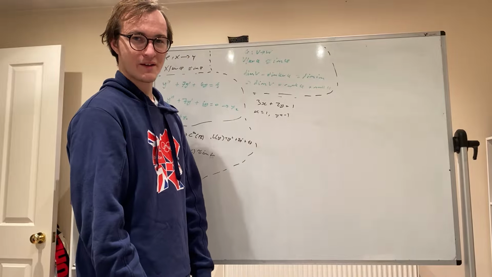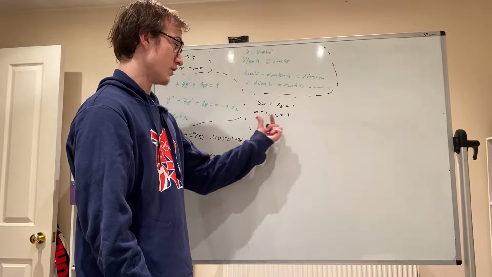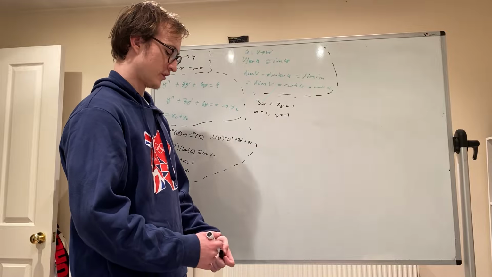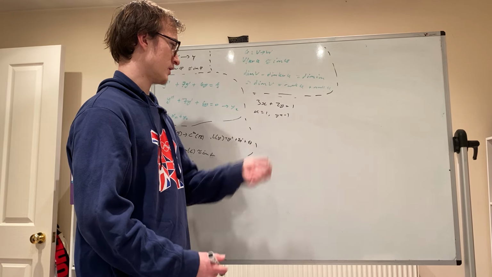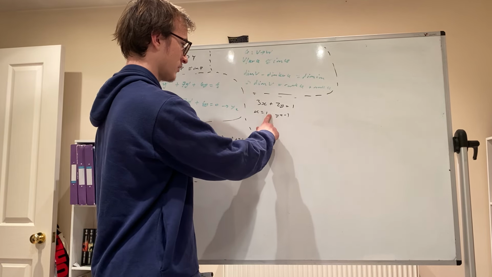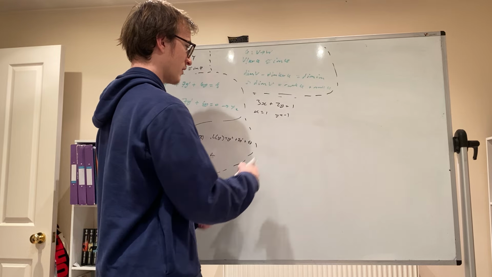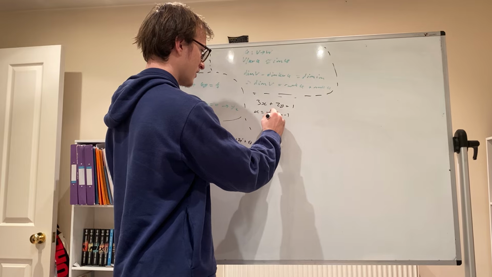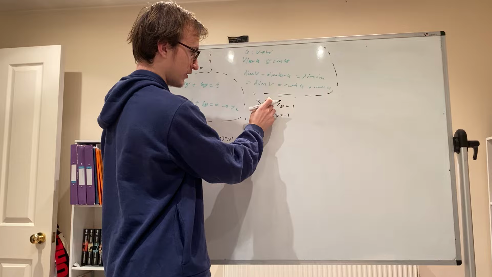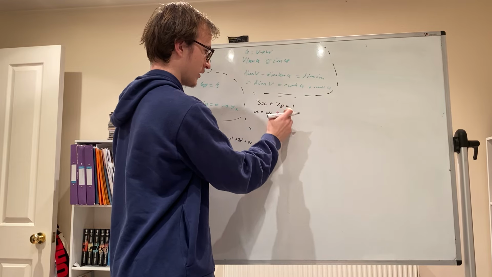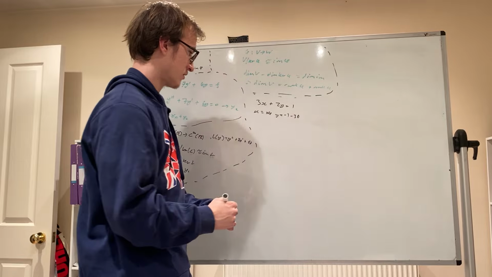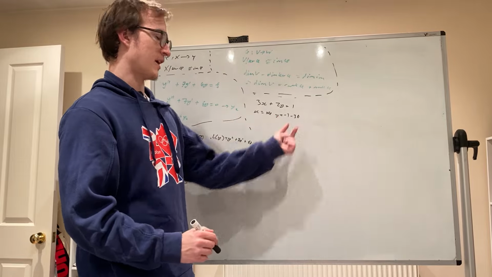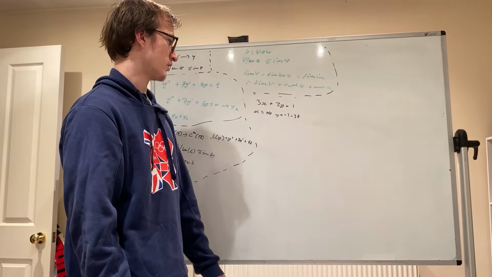And then, well, these aren't the only solutions, because if we had x equals 1 plus 2t, and since we are adding 2t here, we need to take away 3t here, and y equals minus 1 minus 3t, we would still have solutions, and these would be the general solutions.